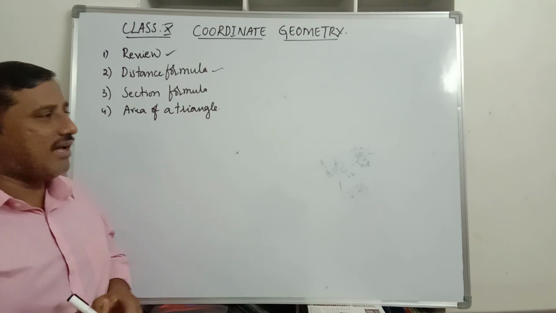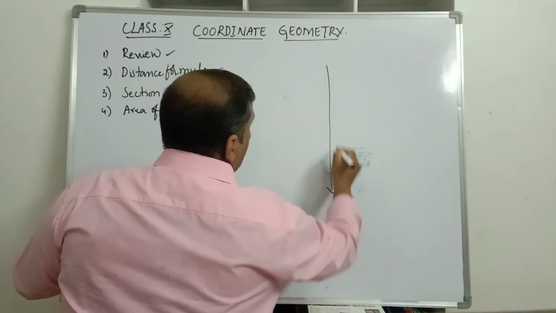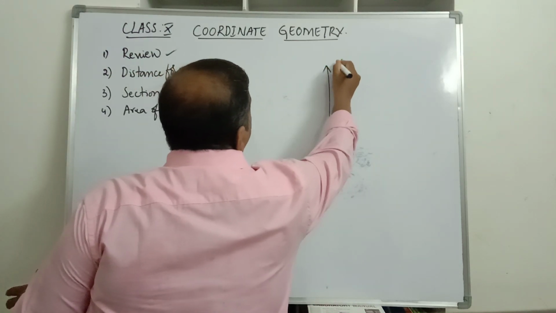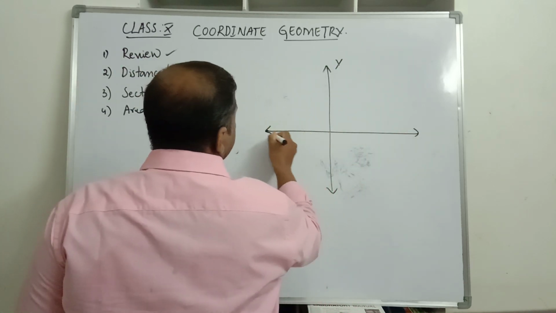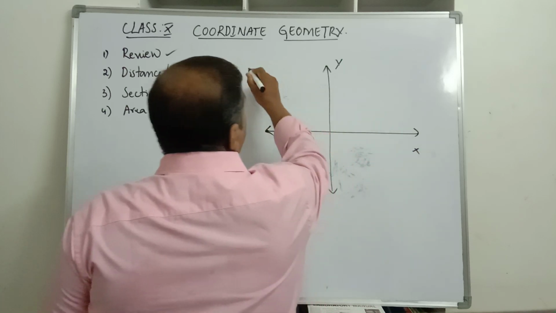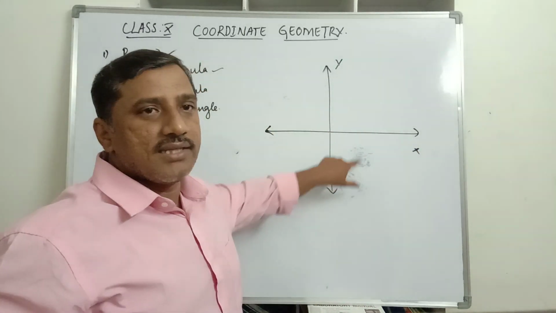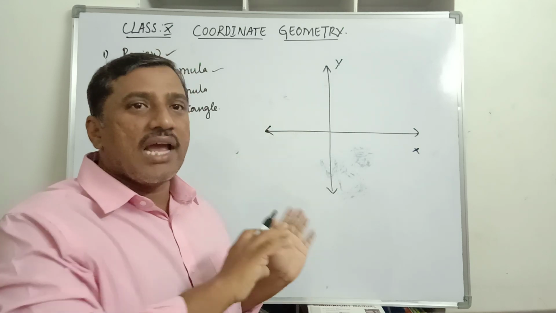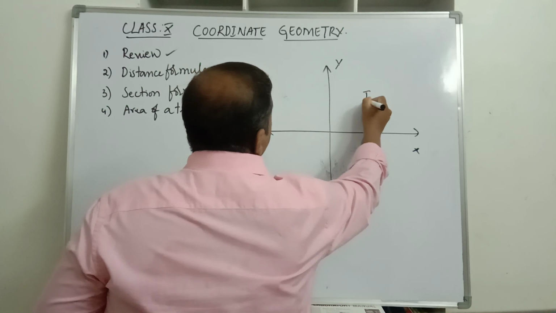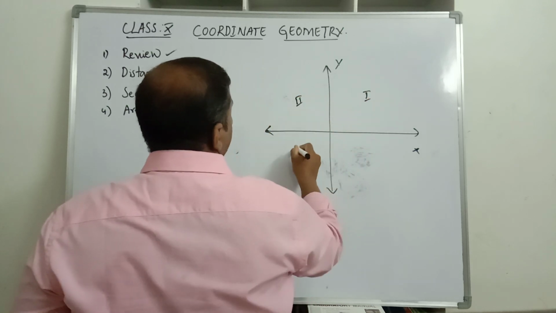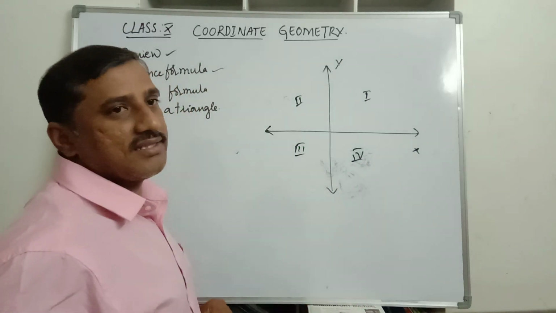This vertical line is the y-axis, and this horizontal line is the x-axis. The plane is divided into four parts, and each part is known as a quadrant: the first, second, third and fourth quadrant.